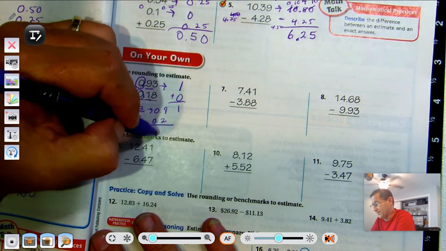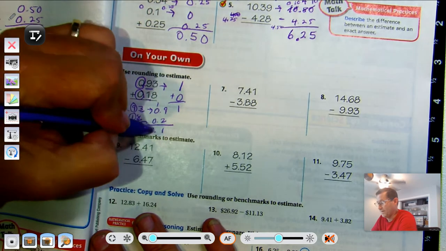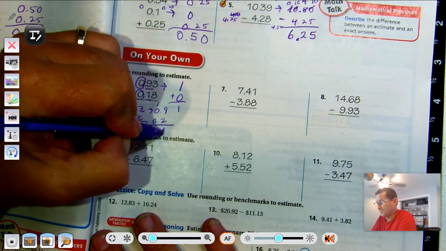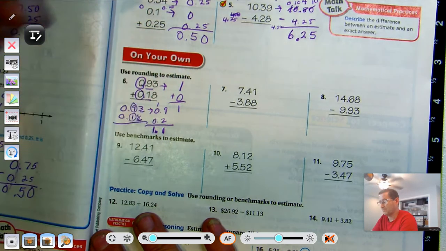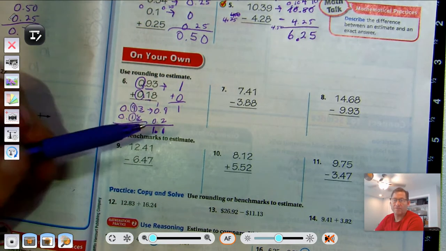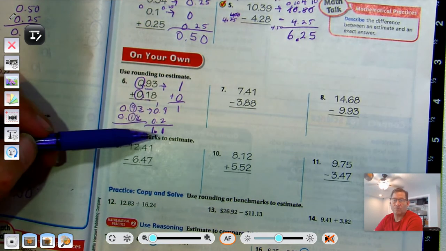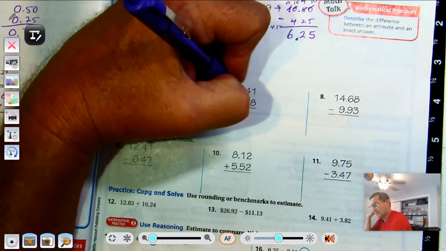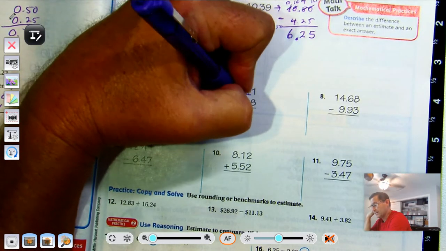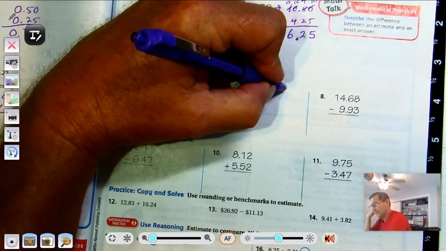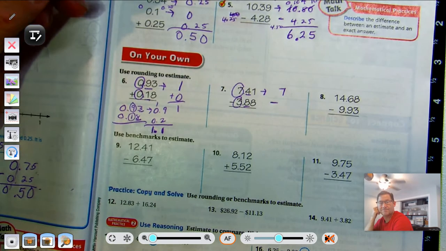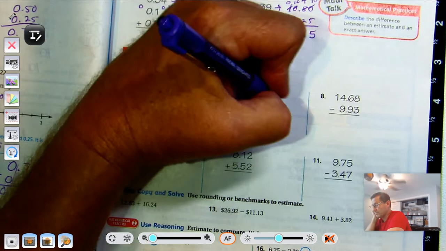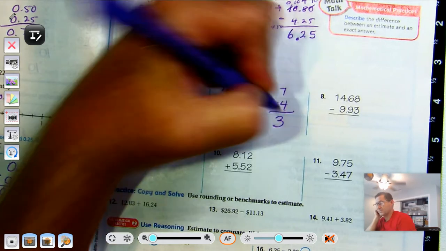If we add that together, we get 1.1. So either way, it was about 1 or about 1 and 1/10. All right, number 7. If we round to the nearest 1, that would be 7 take away 4. So 3.